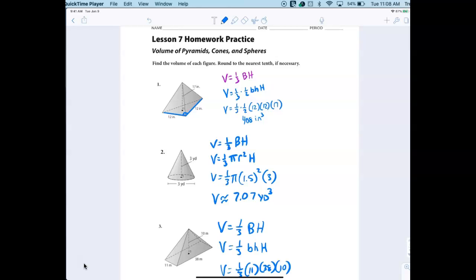You measure volume with cubes. If I want to know the area of the wall, I wouldn't say that's 10 cubic feet. If I wanted the area of the floor, I wouldn't say that's 12 inches. Area is measuring in squares. Volume is measuring in cubes. You with me? All right.